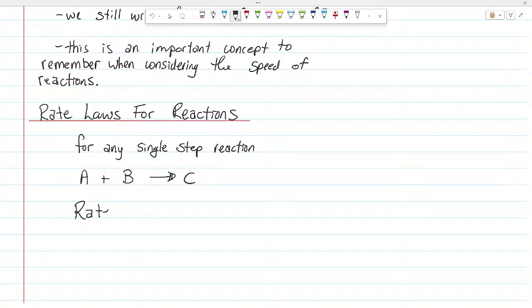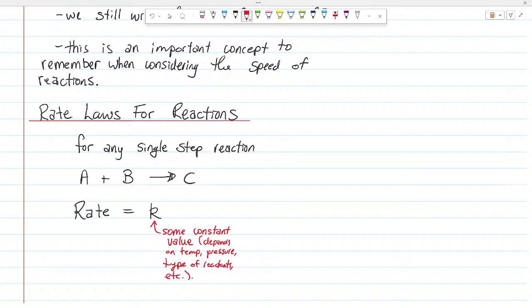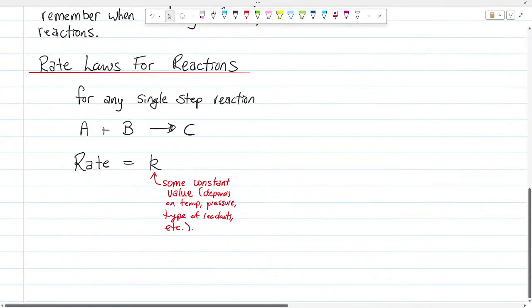Well, the rate of that reaction is going to depend on some constant K, and that is going to depend on temperature, pressure, type of reactants, etc. But if none of that stuff changes, that'll all be constant, okay?